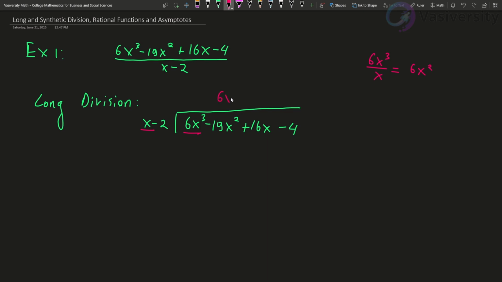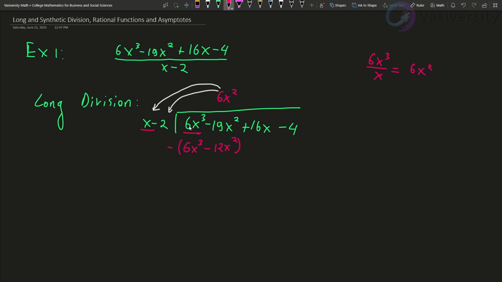So we have 6x squared. Then we multiply 6x squared by x minus 2. 6x squared times x is 6x cubed. 6x squared times negative 2 is negative 12x squared. Now we always put parentheses around it and put a negative sign in front.